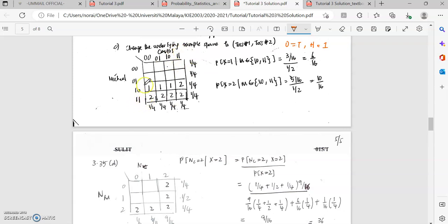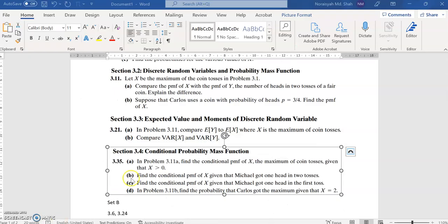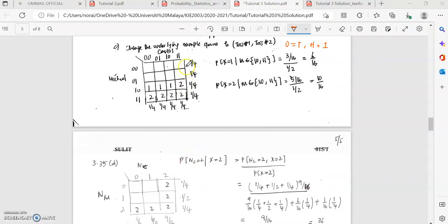We change this into something like this because the question wants the conditional PMF of X given that Michael got one head in the first toss. So the table is only filled up by these last two rows, where Michael gets a head on the first toss, either head then tail or head then head.